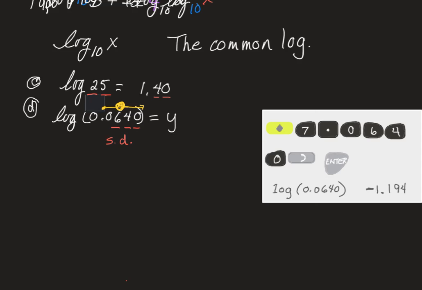So decimal is present, there's 1, 2, 3 significant digits. As you can see in our calculator box, we have 3 decimal places to the right of the decimal point. So that is actually our final answer there.